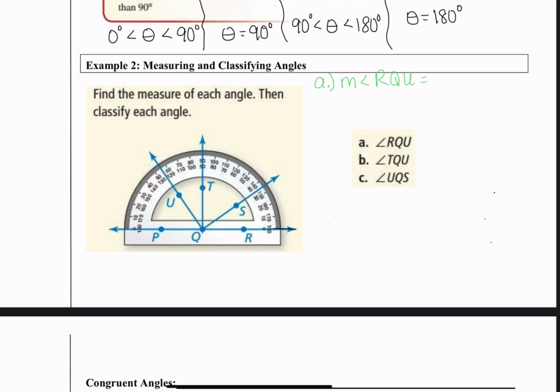So first I'll start with that protractor postulate. So let's find the 2 rays that make up angle RQU. So I can see that angle RQU has one ray that is QR and the other ray is QU. All right, so we have to figure out where these 2 rays intercept that protractor.